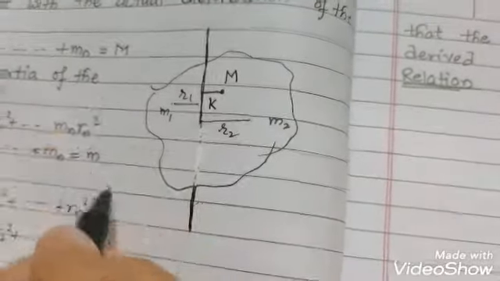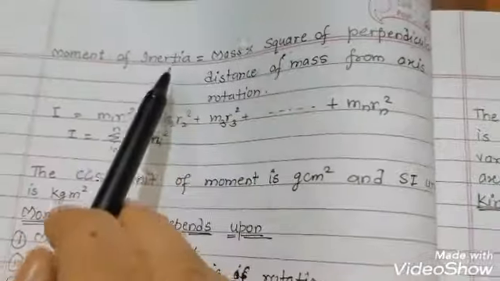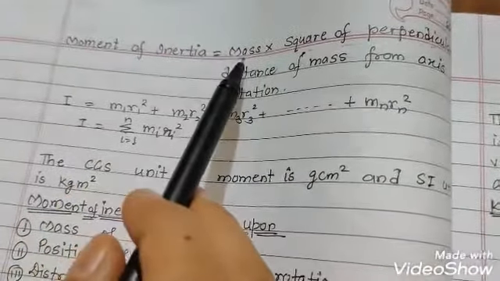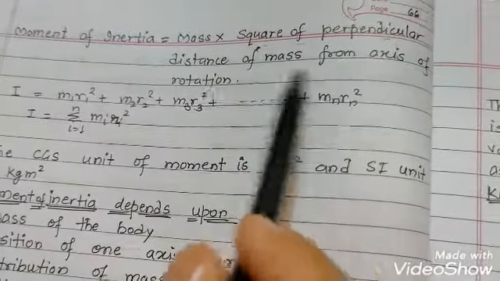So it is an n particle system, and according to the definition, the moment of inertia is the product of mass and the square of the perpendicular distance of the mass from the axis of rotation.